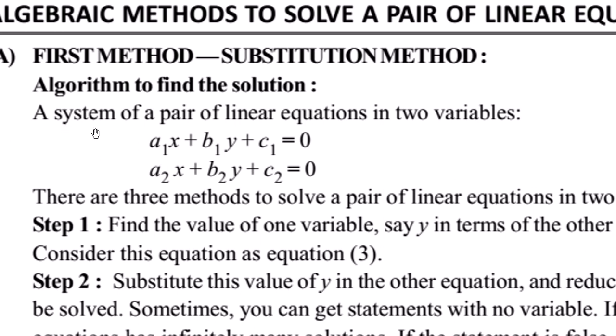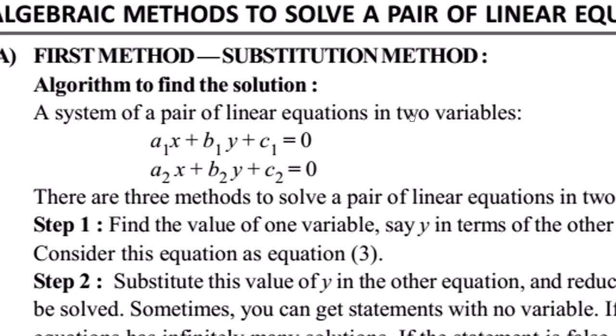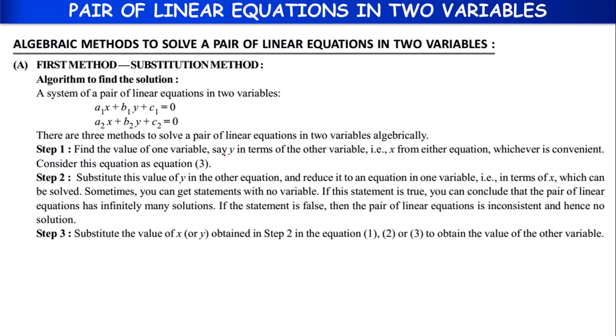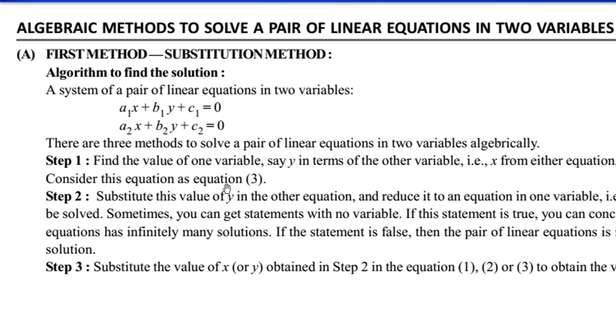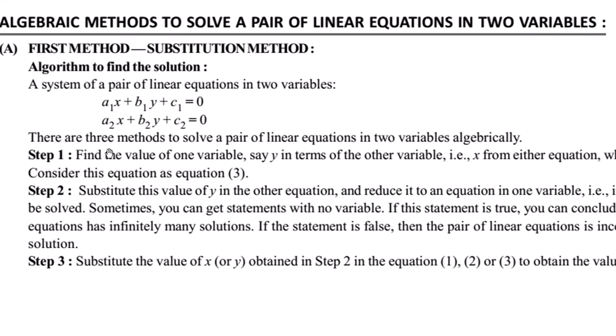if we have a system of a pair of linear equations in two variables in this way, a1x plus b1y plus c1 equal to 0, a2x plus b2y plus c2 equal to 0. So, there are three methods to solve a pair of linear equations in two variables algebraically. First, we have to find the value of one variable.